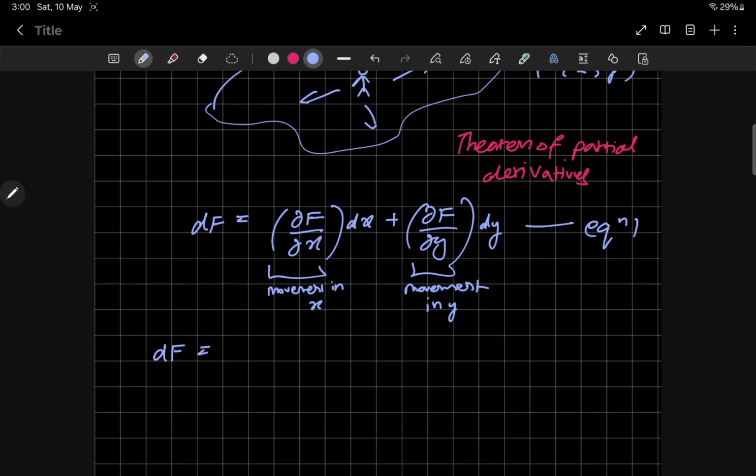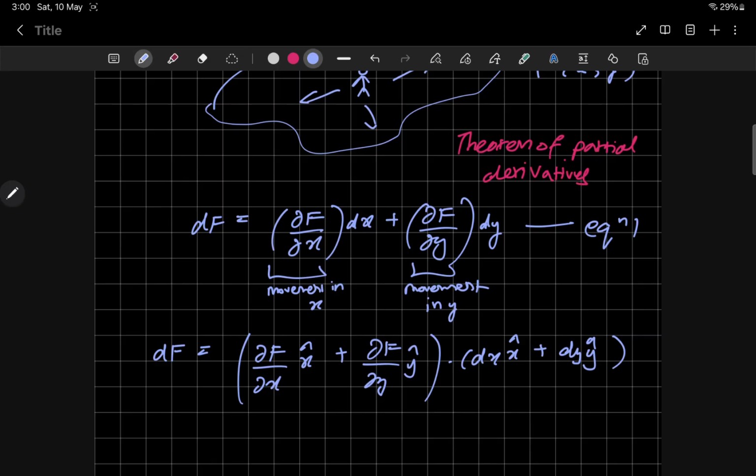Equation 1 can also be represented vectorially, as df by dx x cap plus df by dy y cap, dotted with dx x cap plus dy y cap.